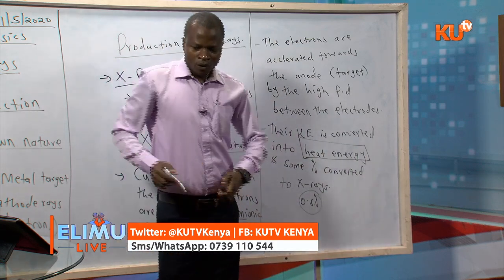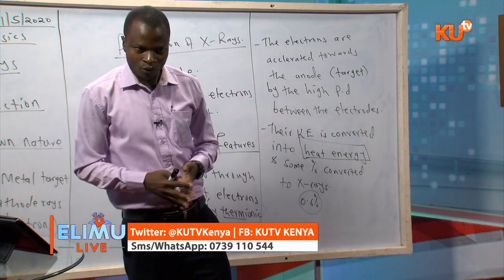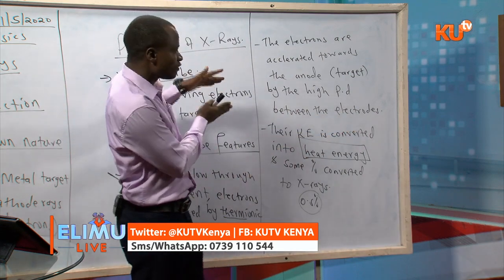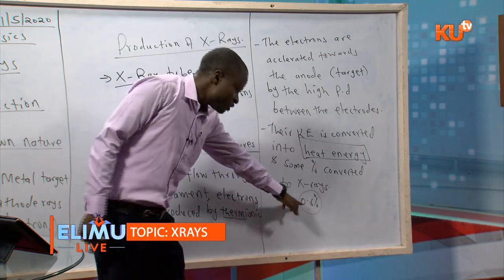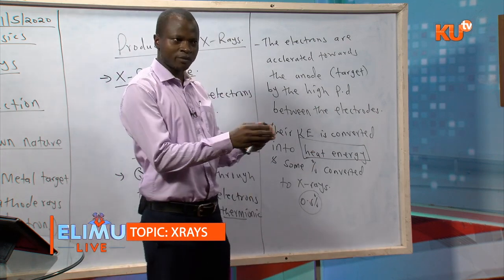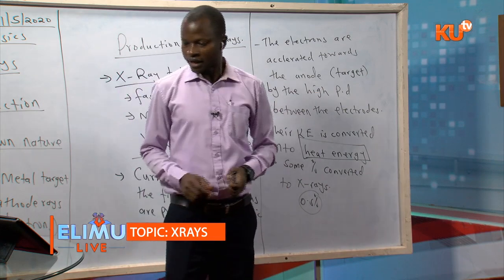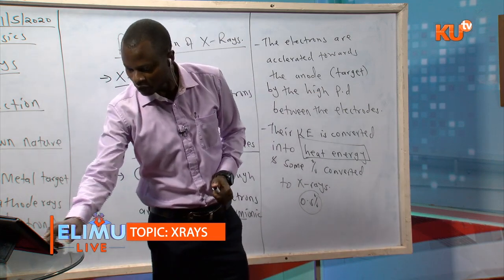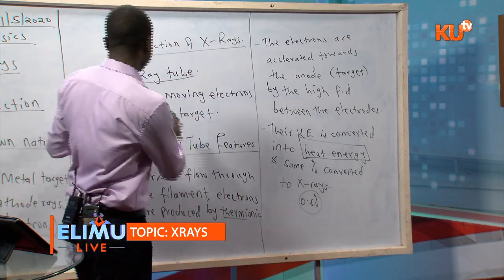That means we are actually wasting energy, because we are producing 100% of kinetic energy, but on reaching the target, we only use 0.5%. Where does the 99.5% go? It must be gotten rid of from the system, as we shall see in some of the special features of this X-ray tube.